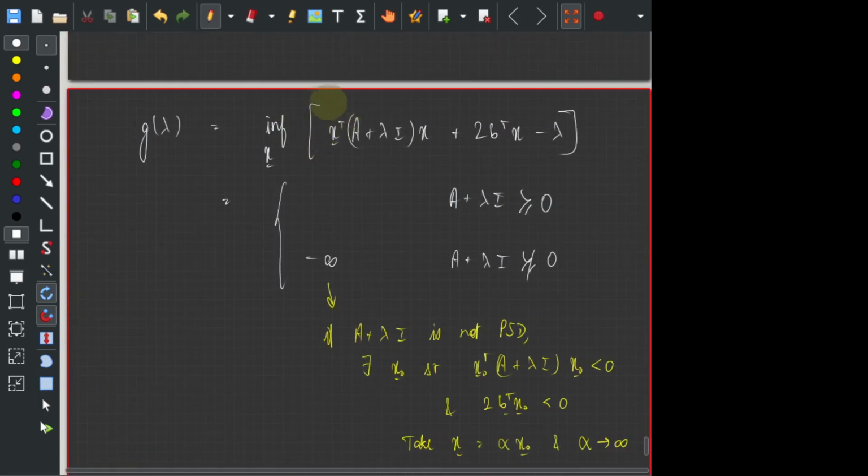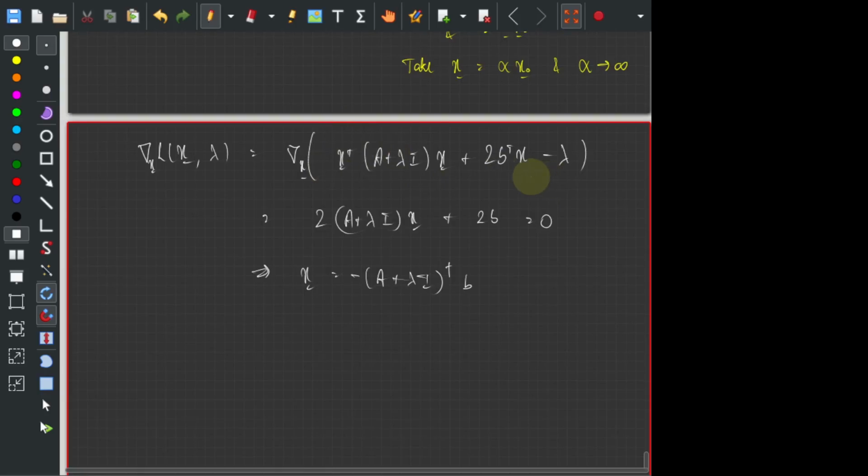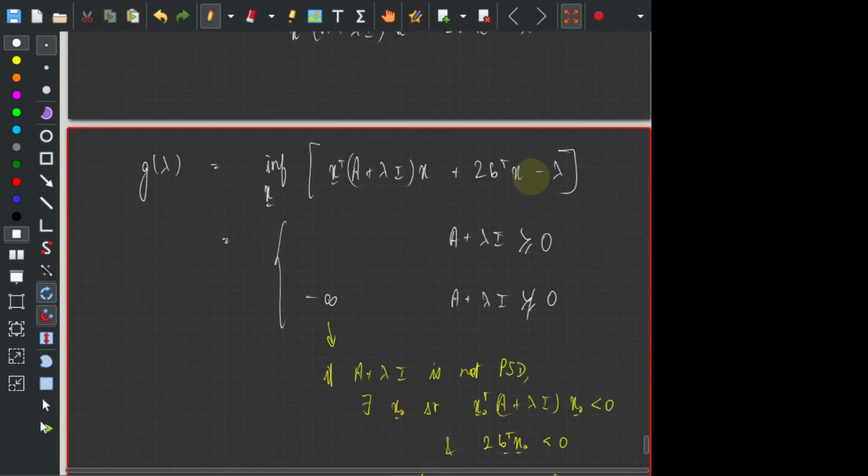Okay, so what is this quantity equal to? Can you plug this into this and let me know? So is it always so?